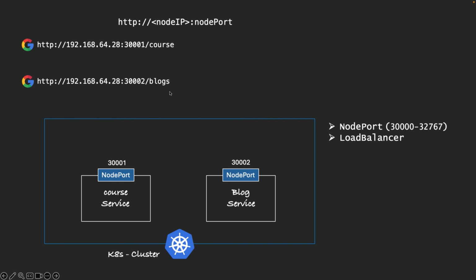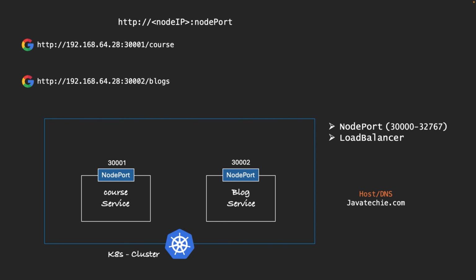Similar for the blog service. This looks good, but this approach is something we can use locally for testing. In a production grade application, users should not type the IP and port to access your services. Rather, you need to provide a host or DNS. Let's consider I have this DNS, javatechie.com.